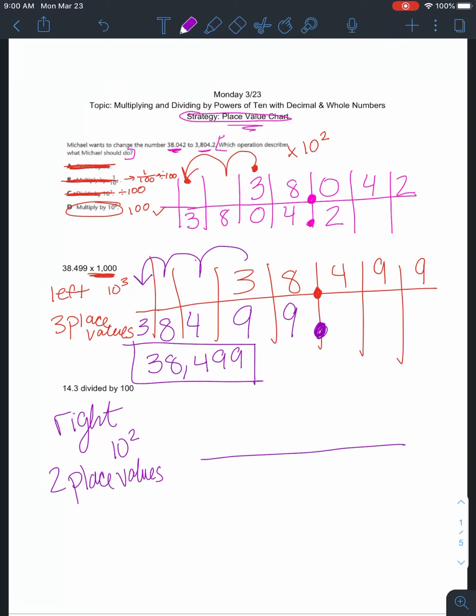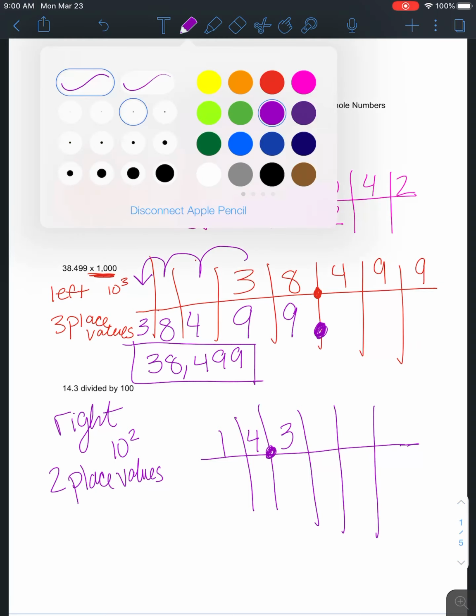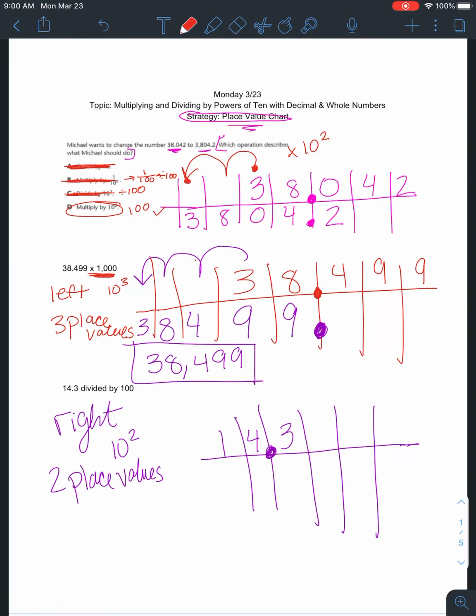Now we can start with our place value chart. This time, since I know I'm moving to the right, I'm actually going to draw my number in the beginning or to the left. Let's pick a different color. All right, I'm moving to the right 2 place values. 1, 2.